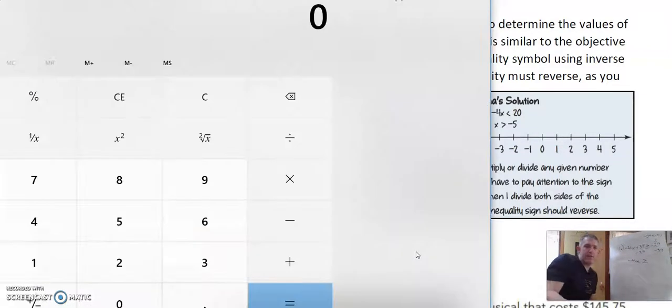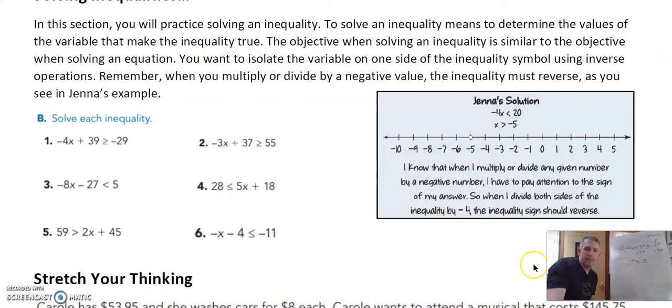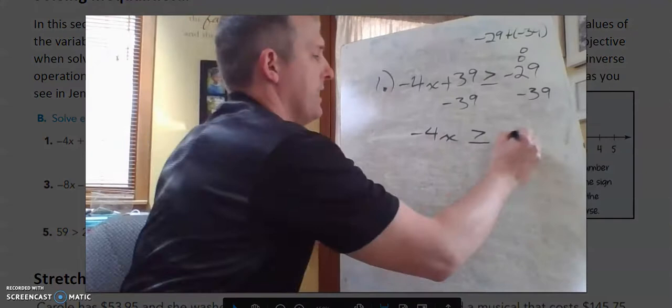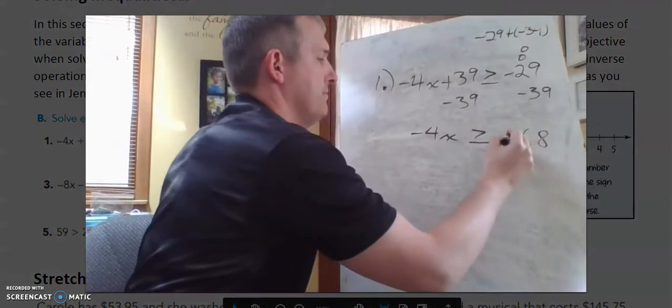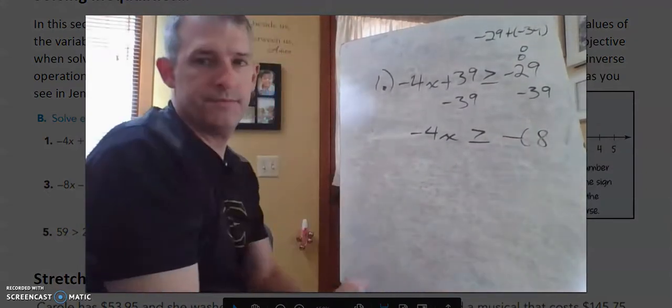Let's see. If I put in a negative 29, and the way I do that here is this, negative 29. There we go. And I'm going to subtract 39. Should get negative 68. So I'm going to put that right here, negative 68.